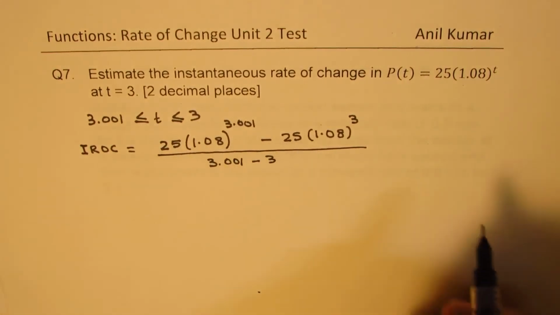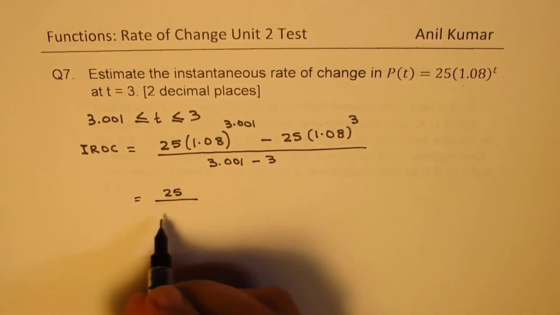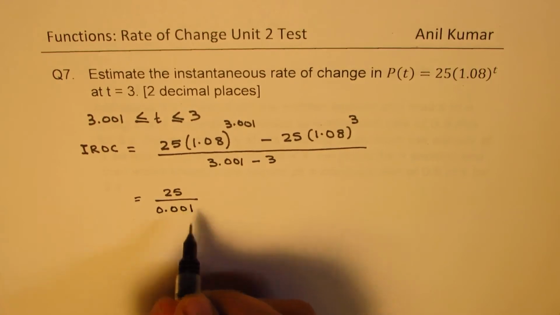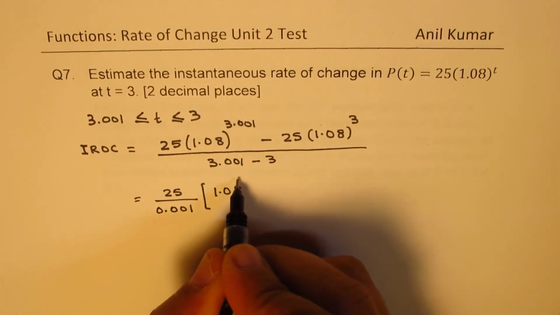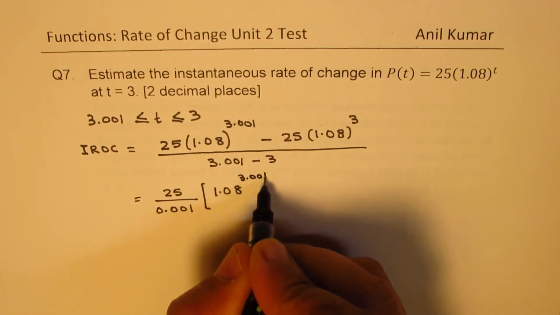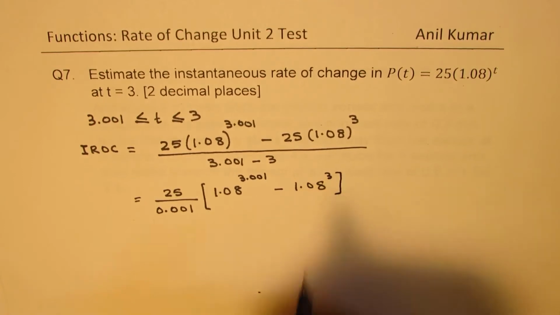So we can take 25 common, so we get 25 over 0.001, and here we get 1.08 to the power of 3.001 minus 1.08 to the power of 3.